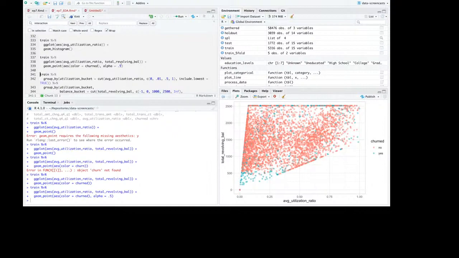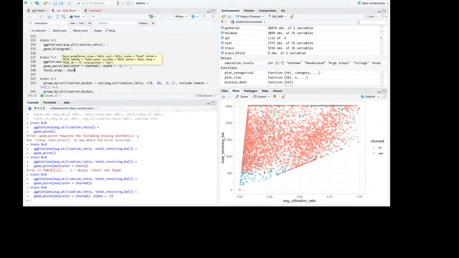There's an interesting relationship. I can facet wrap by churned.